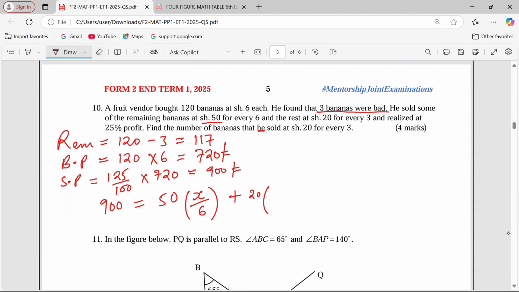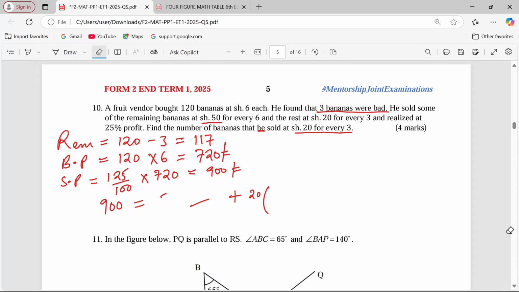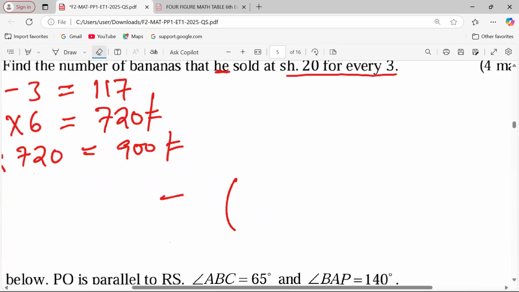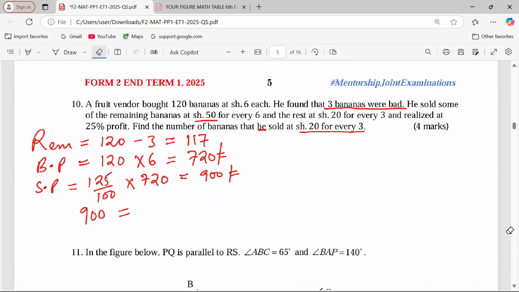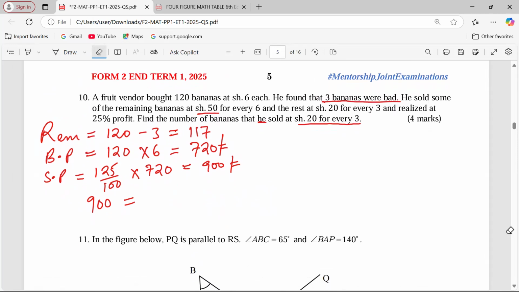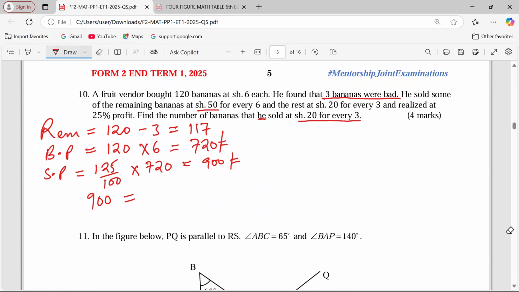Okay, at this we'll get x. But now, because what we are finding according to the question statement, we need the ones which were sold at 3, that is what we're supposed to let be x. So let me reduce a lot of working by giving the unknown x to what we need to calculate. So 20 shillings times a group of bananas, which have been divided into groups of 3.